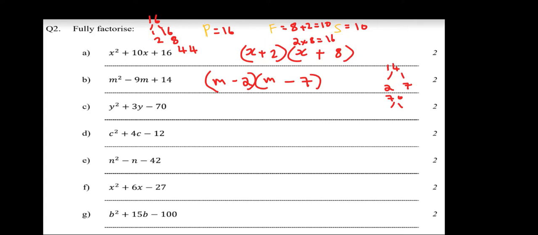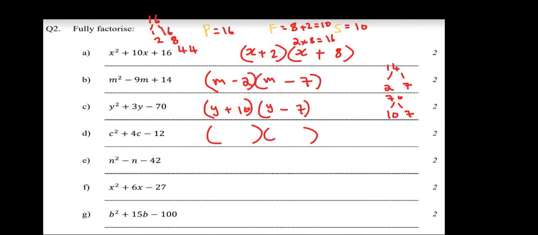Well, we've got 10 and 7, and 10 subtract 7 is 3. Y, 10, 7. Now we need to make positive 3, so we're going to have a positive there and a negative there.